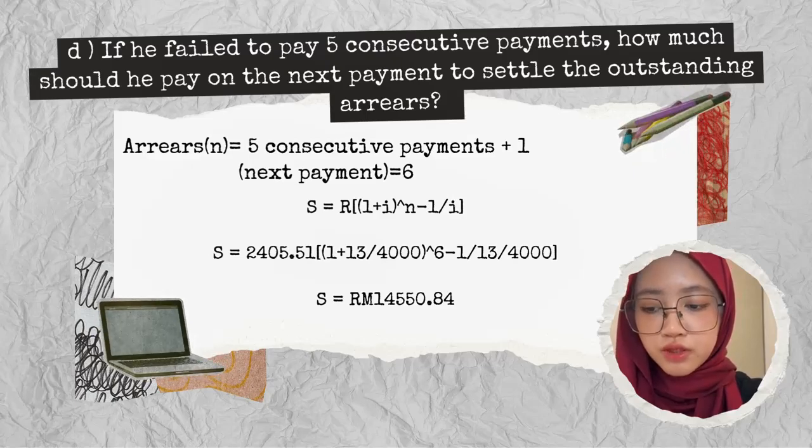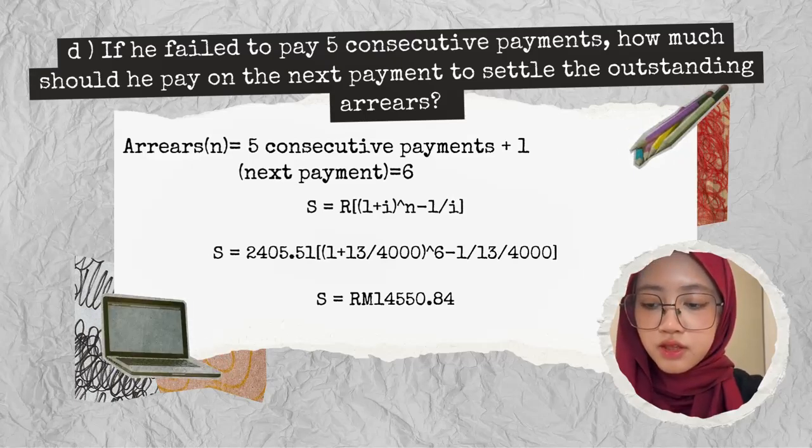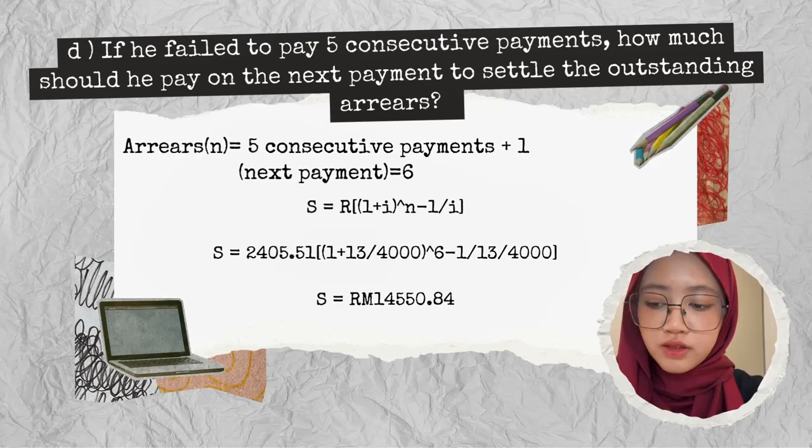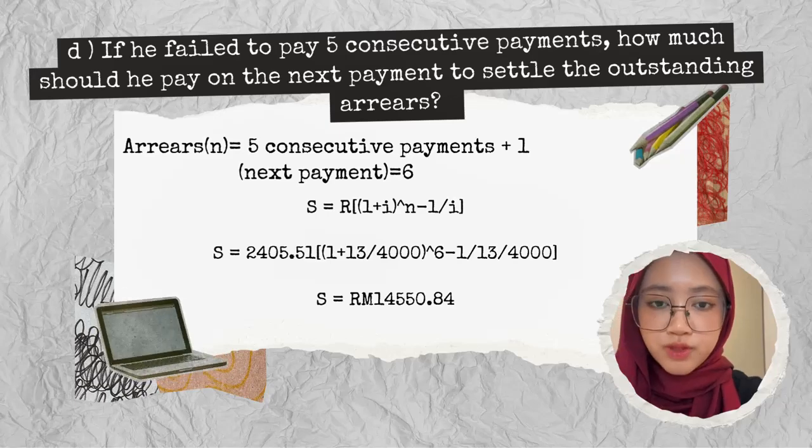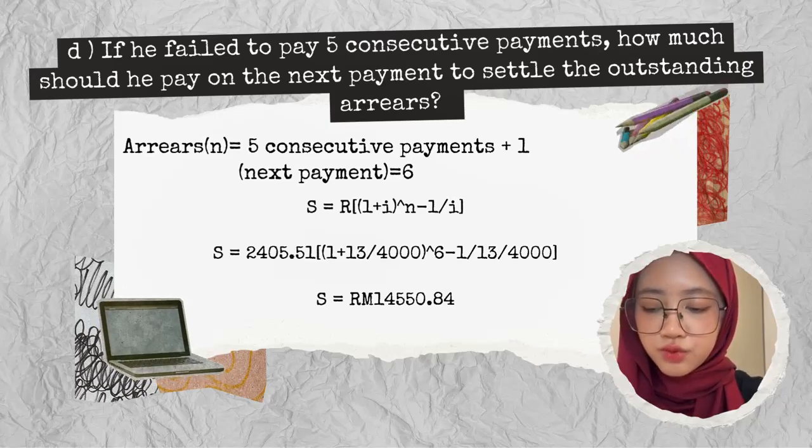For question D, if he failed to pay 5 consecutive payments, how much should he pay on the next payment to settle the outstanding arrears? Arrears is N. To find the arrears, we add the 5 consecutive payments plus 1, which is the next payment, so N is equal to 6.